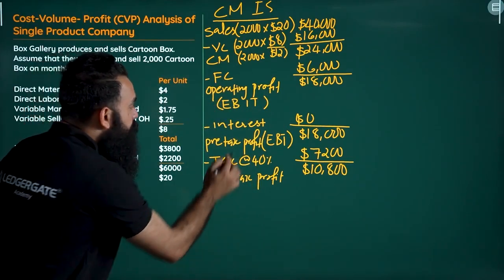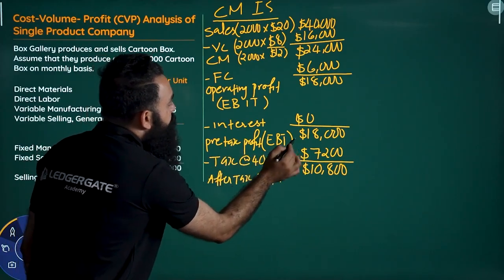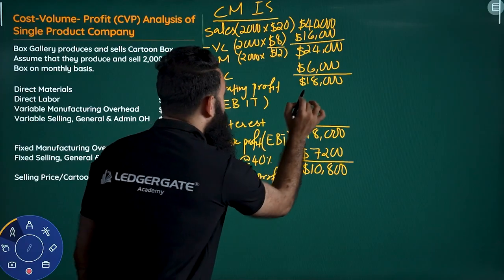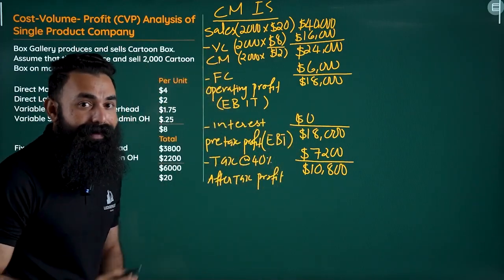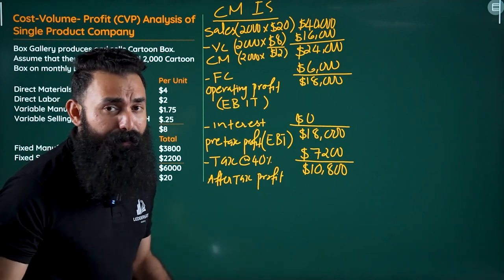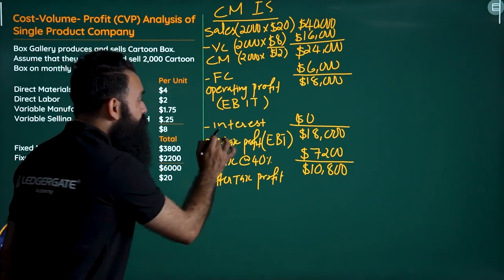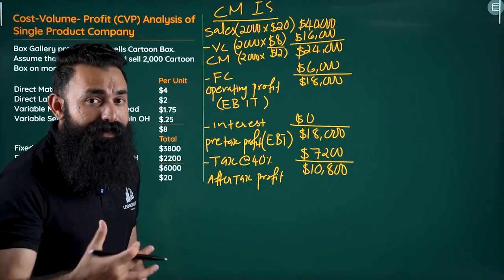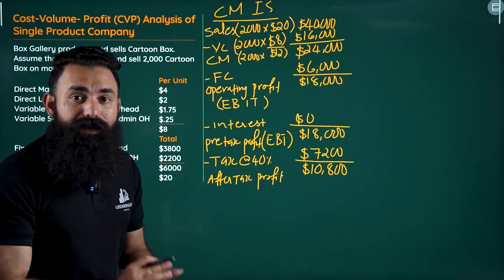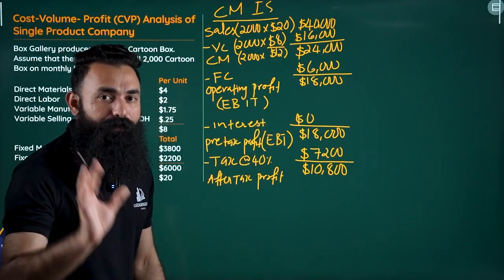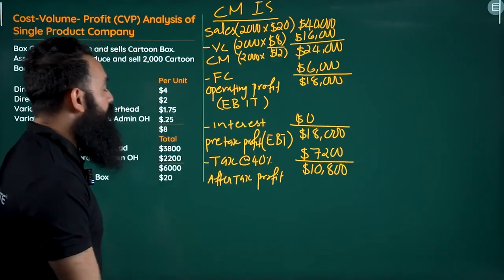Why? Here in CVP analysis or internal decision making process, pre-tax profit and operating profit are the same. In reality, it's not the same in every case. But here it's the same only because we are ignoring interest. But in some other cases, other than the internal decision making process, interest would come. At that time, operating income and pre-tax profit won't be the same.